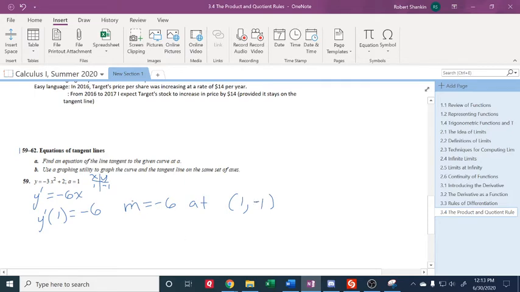So here is my slope, here is my point. I need to get the equation of the tangent line, which is point slope form. Y minus negative 1 is negative 6 times x minus 1.